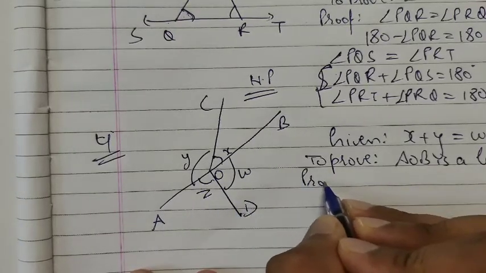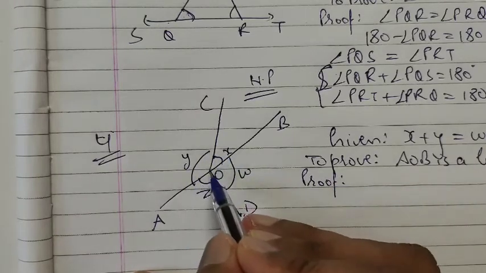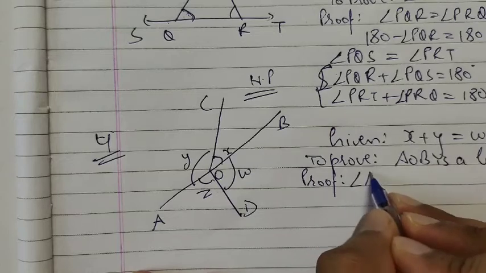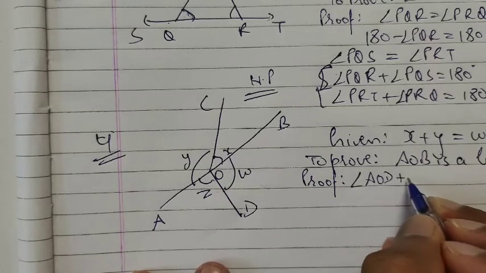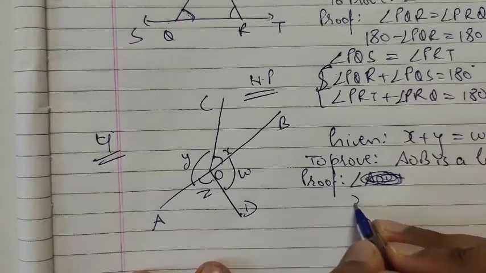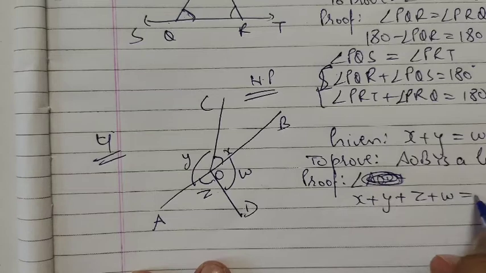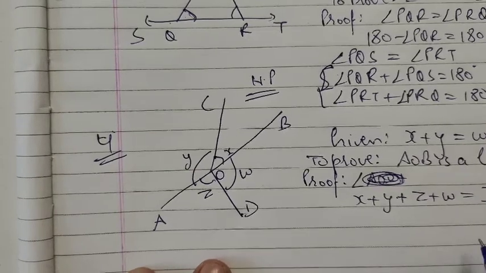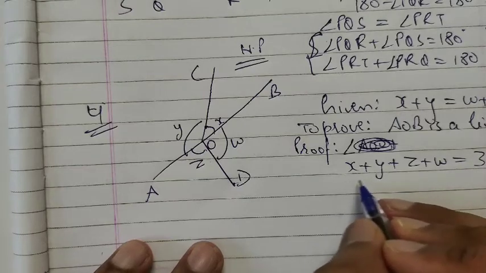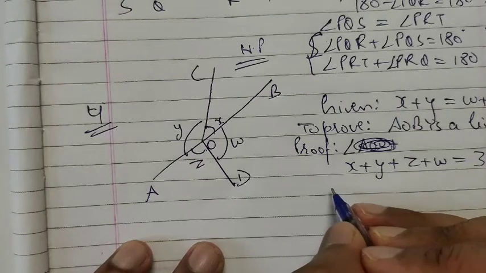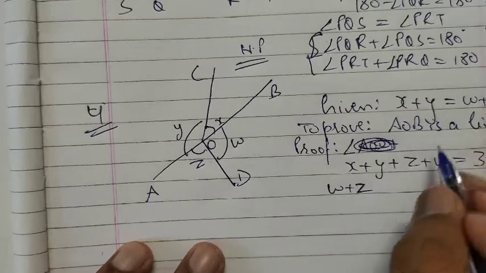Then proof. Now we all know that the sum of all the angles at this point will be 360 degrees. So let's simply write x plus y plus z plus w is equal to 360 degrees. So x plus y can be replaced by w plus z, because x plus y is equal to w plus z.